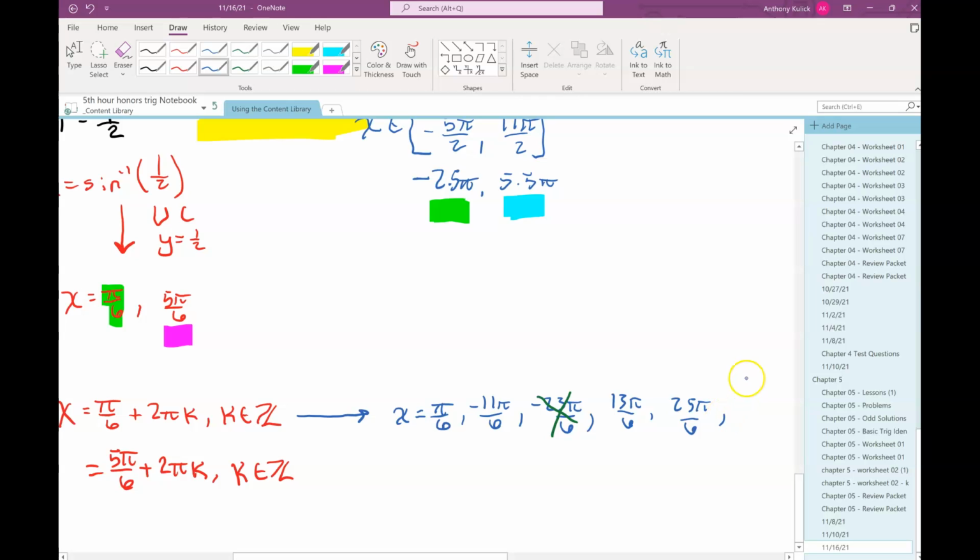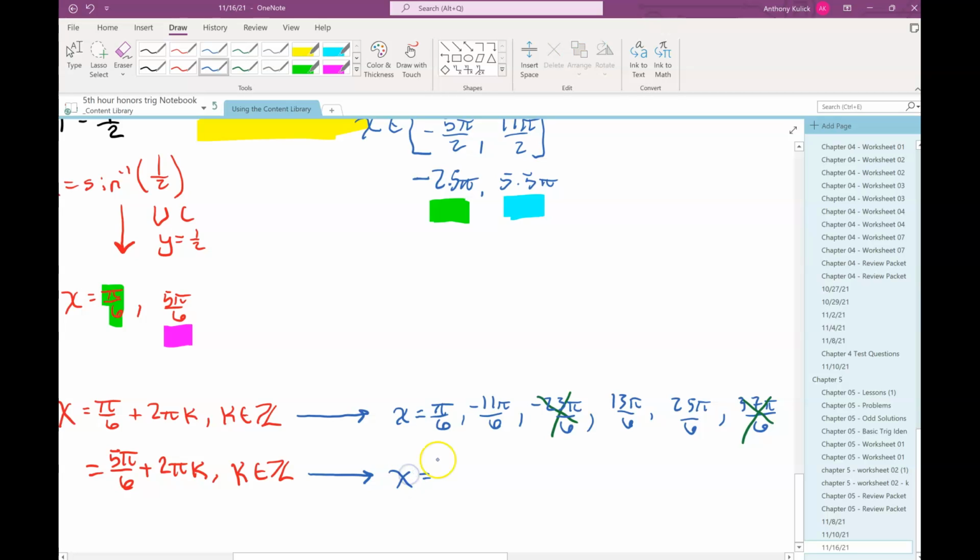So we'll add again. 37 pi over 6, that's too big, right? It's a little over 6 pi. So we found all of our solutions in that interval that are coterminal to pi over 6.